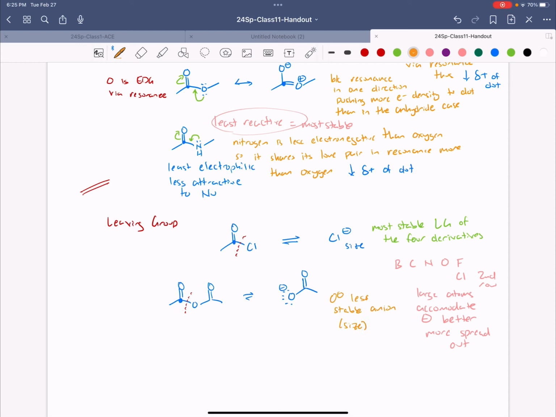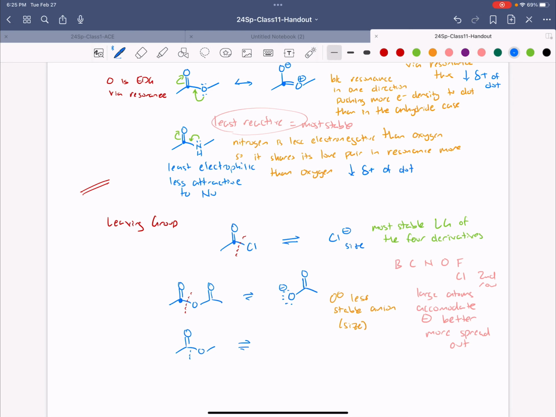Because we are comparing atoms in 2 different rows of the periodic table. We use size when we compare atoms in different rows. We use electronegativity when we compare atoms within the same row but in different columns. Okay, it's still pretty stable because there's resonance. And that explains why this ester, okay, I need to rush a little bit, this ester has what kind of leaving group?